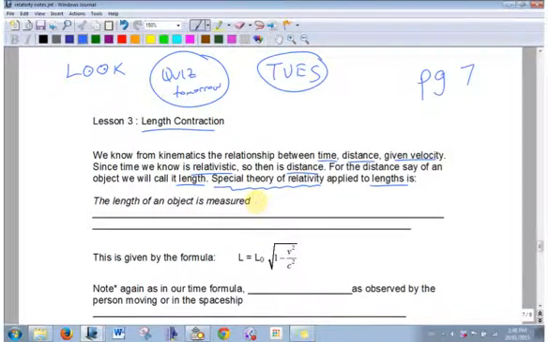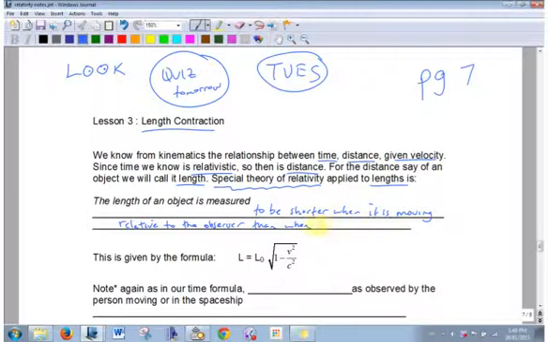The length of an object is measured to be shorter when it is moving relative to the observer than when it's not moving.